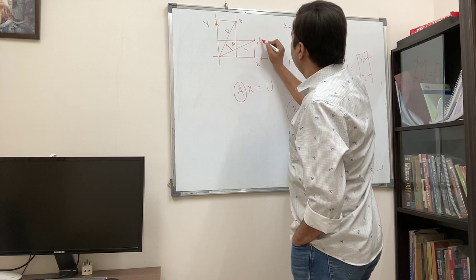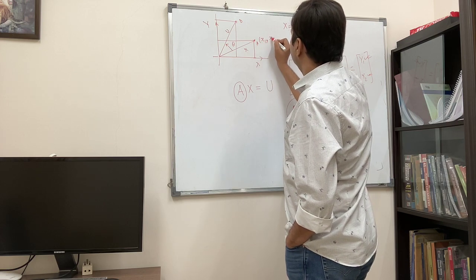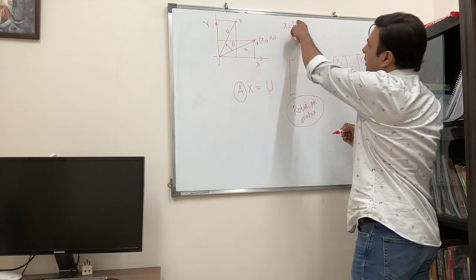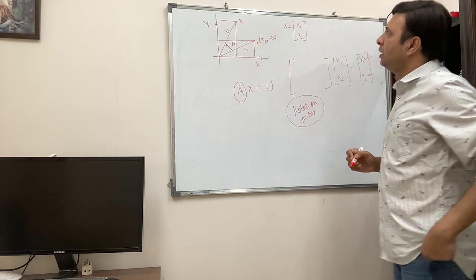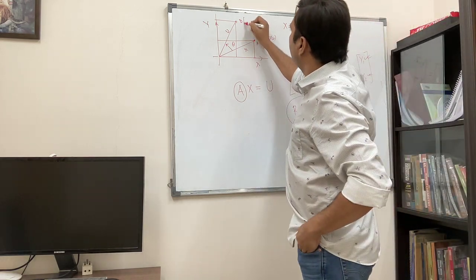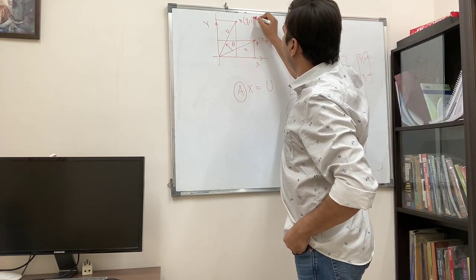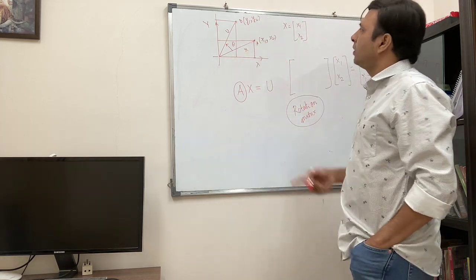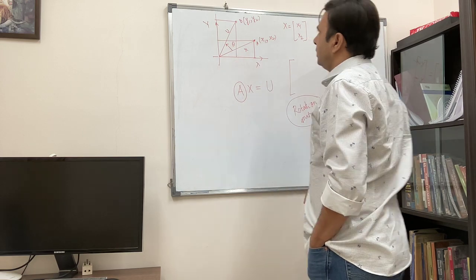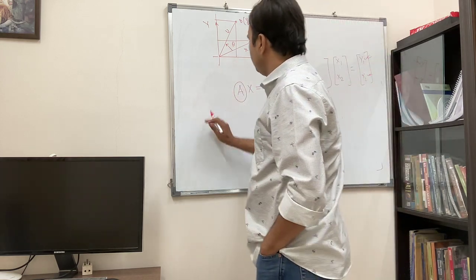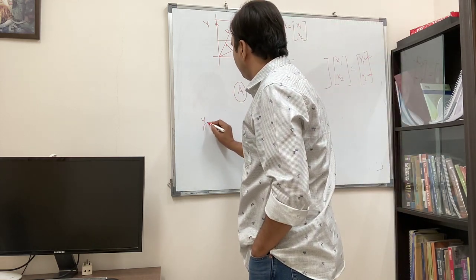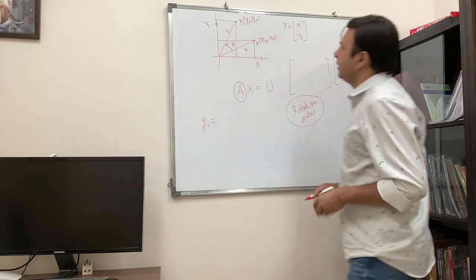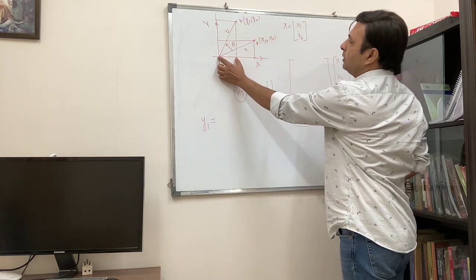So what is this point? This point was x1, x2, because this was my original vector x. What we want to know is what these points are, y1, y2. So I want to write y1 and y2 in terms of x1 and x2 and this angle theta. If I use geometry, how much is y1? y1 is this length, right?